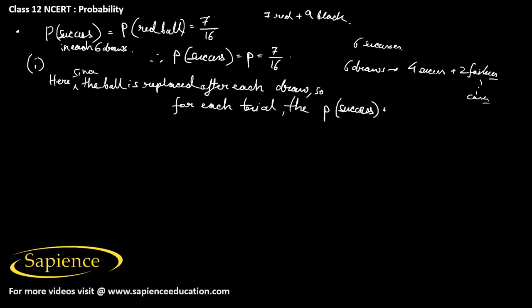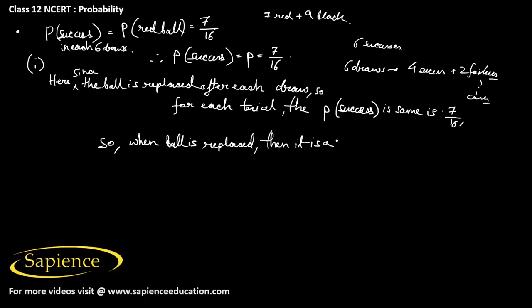The probability of success is the same, that is 7/16. So when the ball is replaced after each draw, it is a Bernoulli trial.